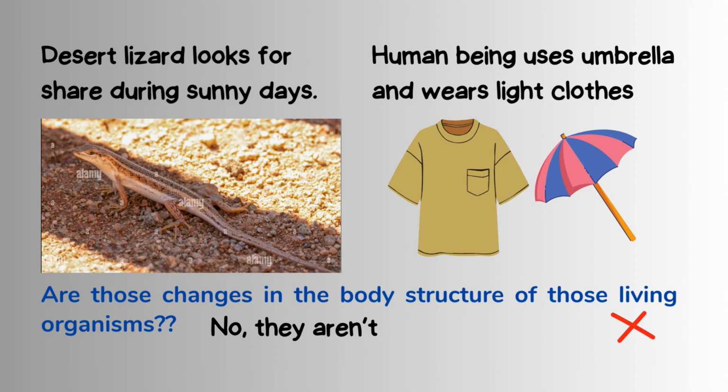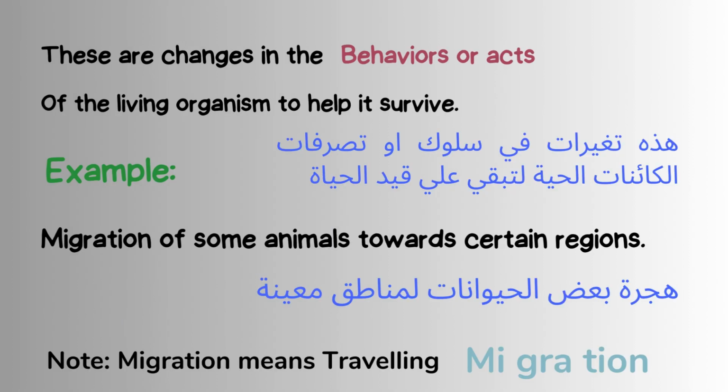Because they are a change in the behavior, in what they do or act to help them survive in the hot climates for this example. So here, the change is in the behavior or act, not in the body structure.